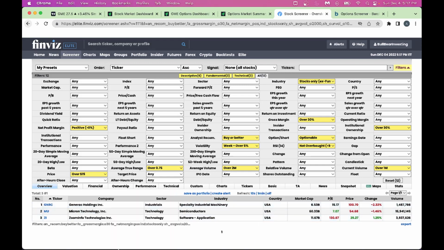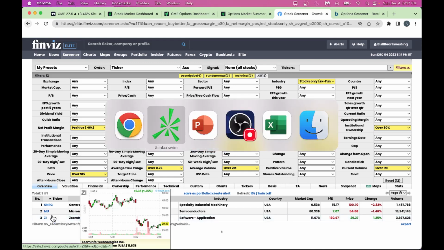These are some great stocks. You could look at selling put options here, mainly because the implied volatility, or the volatility itself, is slightly high. Let's look at these three and bring up our platform, which is thinkorswim.